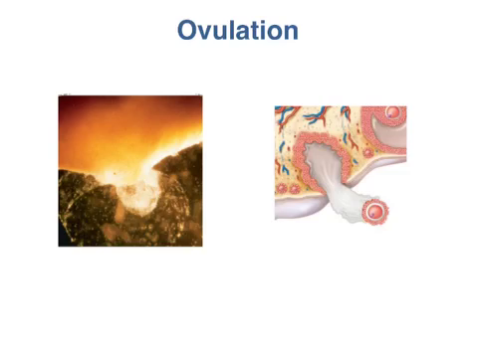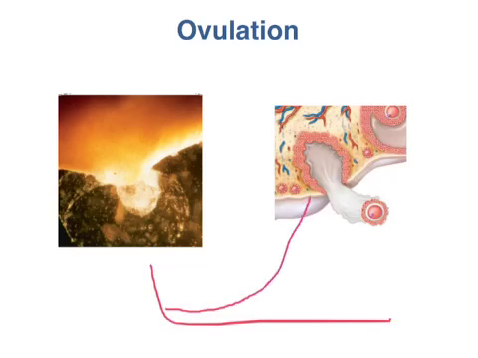At about day 14 of the menstrual cycle, there's a surge in luteinizing hormone. So the levels of luteinizing hormone, if you look over time in the cycle, are fairly steady, and then they increase and then surge into a sharp peak.